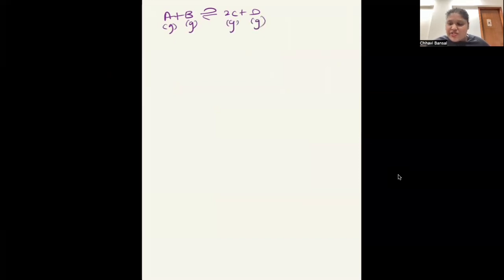Initially, when the reaction had not even started, the initial moles were 2, 2, 2, 2 of each of them. The Kc value of the reaction is 1. How will you know whether the reaction is going in a forward or reverse direction? Because there are already certain moles of reactants and products before the reaction starts, it can go in either direction.